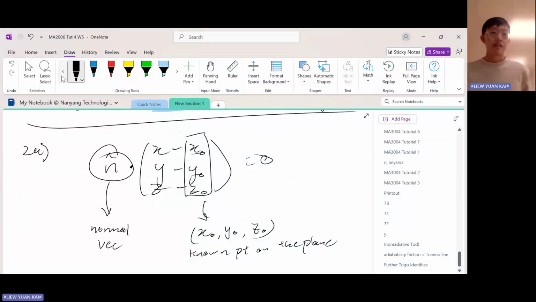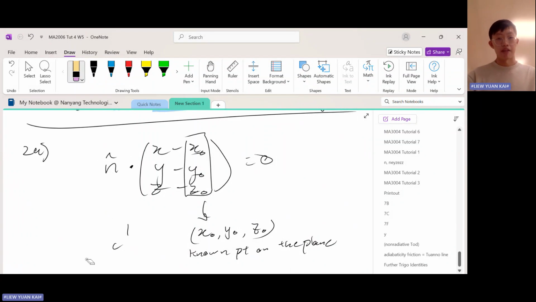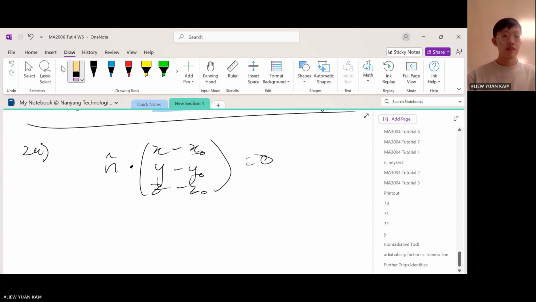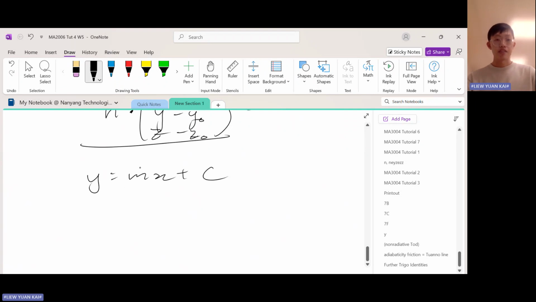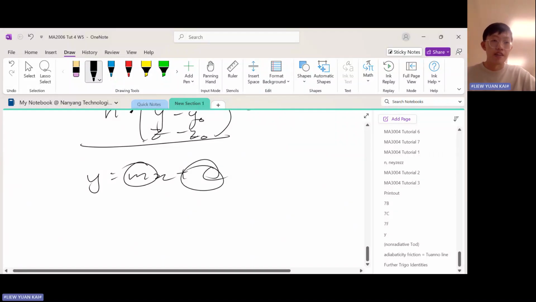Now there is an intuitive logic behind why these 2 ingredients are important to define the equation of a plane. Let's go back to thinking about what defines the equation of a straight line in 2D space: y equals mx plus c. You must have two things, the gradient and the y-intercept.